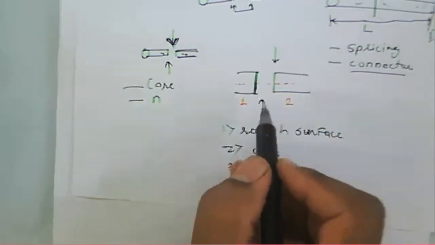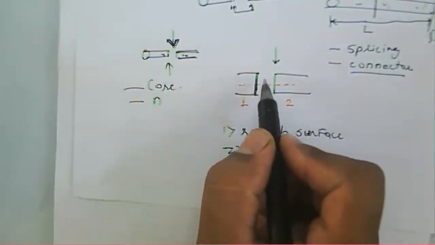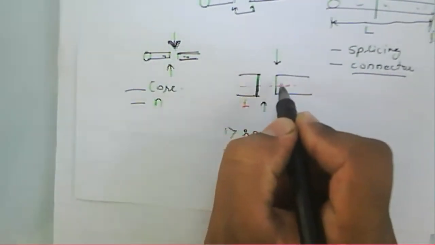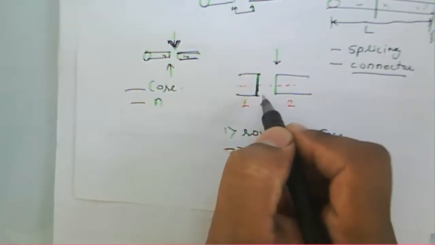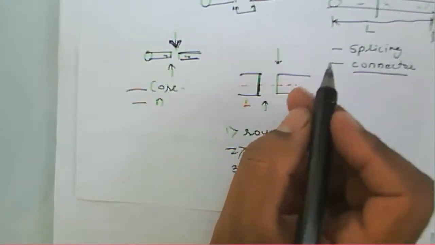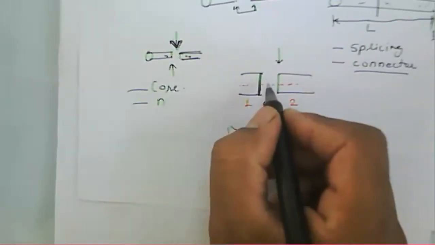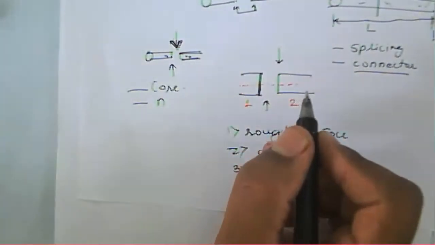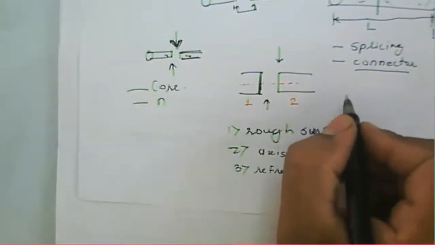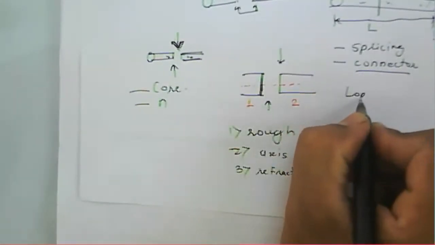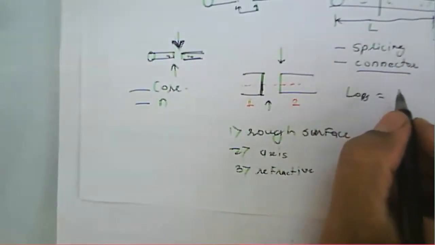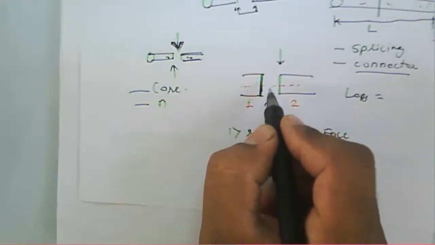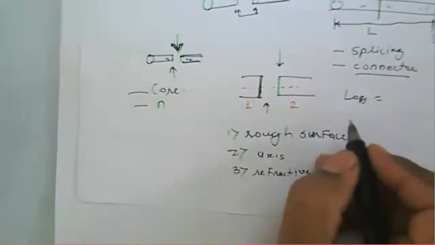So we should know the core of the fiber and the refractive index of the core. Then we can find out the power refraction that occurs at this particular joint. So the loss at this interface depends upon the total value of the refraction that occurs because of that air medium.